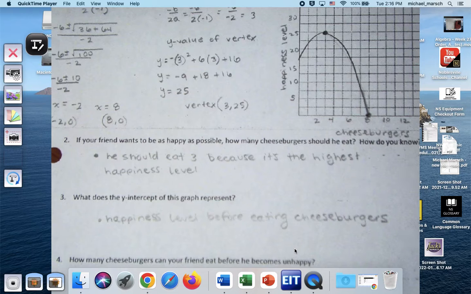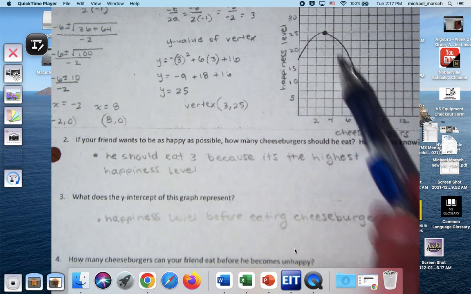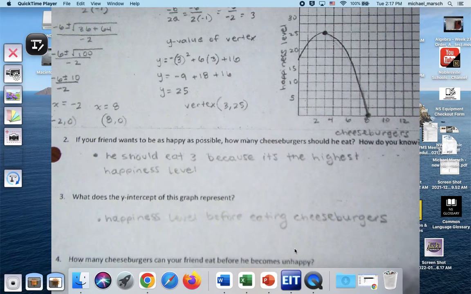How many cheeseburgers can your friend eat before he becomes unhappy? 3. So if his happiness level is dropping, how many until he's officially unhappy? More than 8, 8 or more, right?